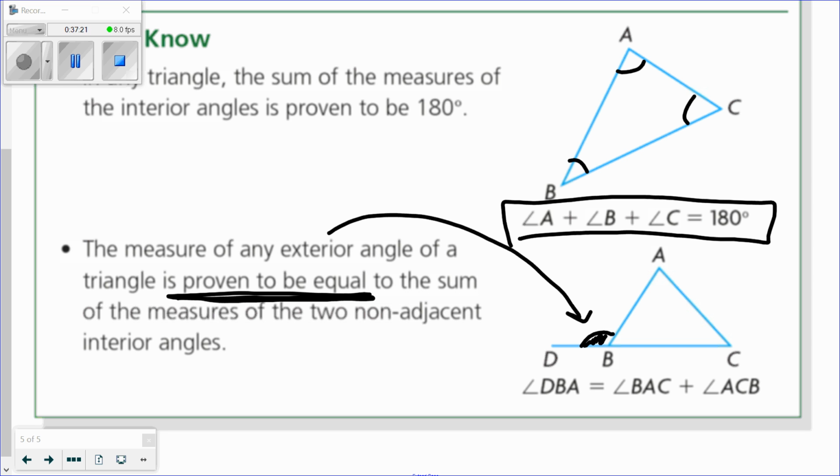So whatever this angle is, if we added this plus this, it will be equal to that same value. So that's now kind of a theorem that we could use. I didn't end up using that on that last one, but I'm sure there was a way to kind of add that in. So that's the lesson.